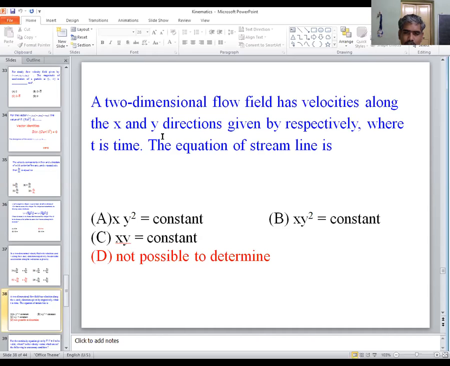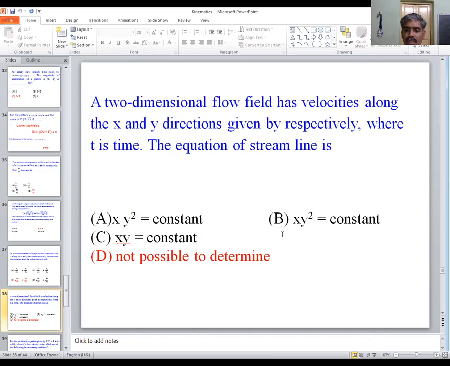There is one question I got from a GATE question paper. Some data is missing, so it's not possible to find it. For a streamline, you have a calculation of x and y values, and the u and v values will be given in terms of x and y. You can correlate x and y, like x y square is a constant.